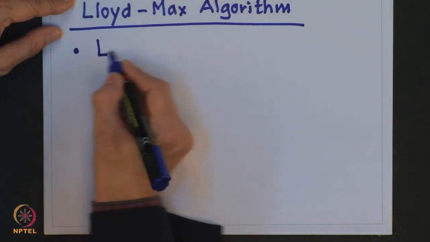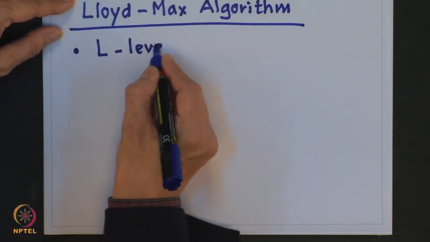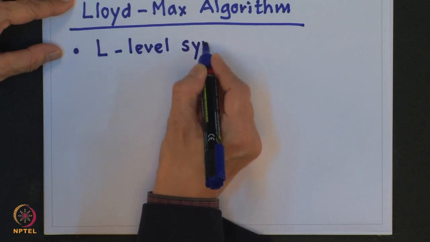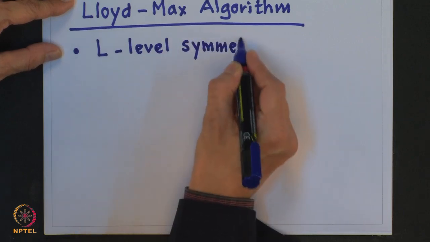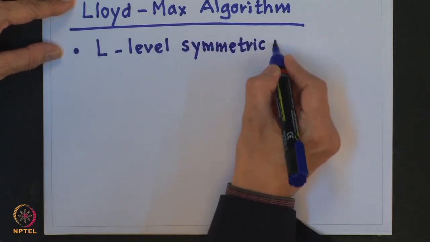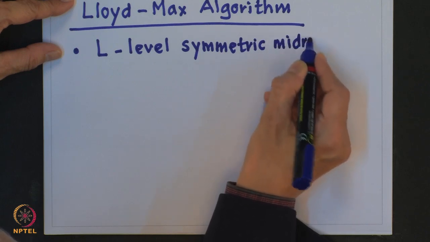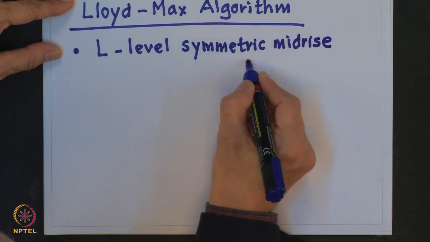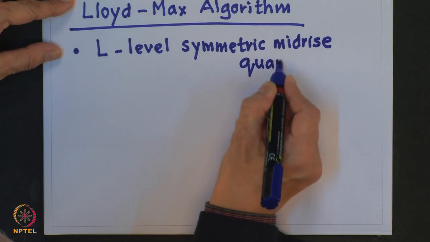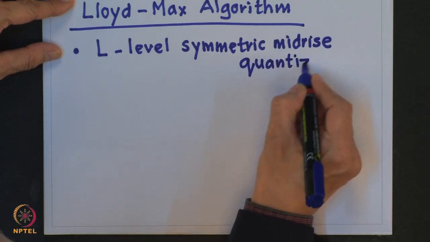So, we have to design an L level symmetric mid-rise quantizer. Your given PDF is symmetric.